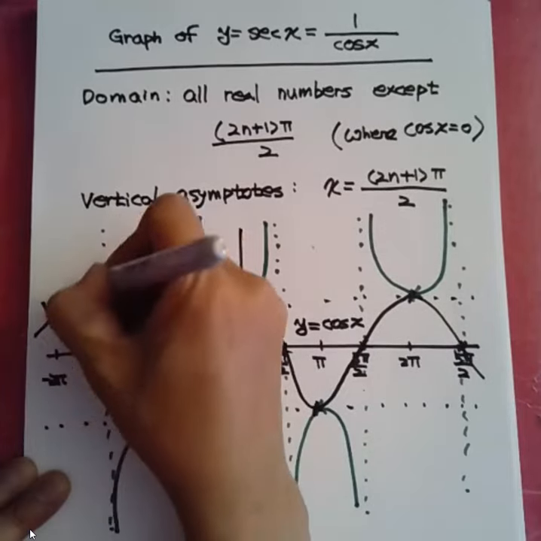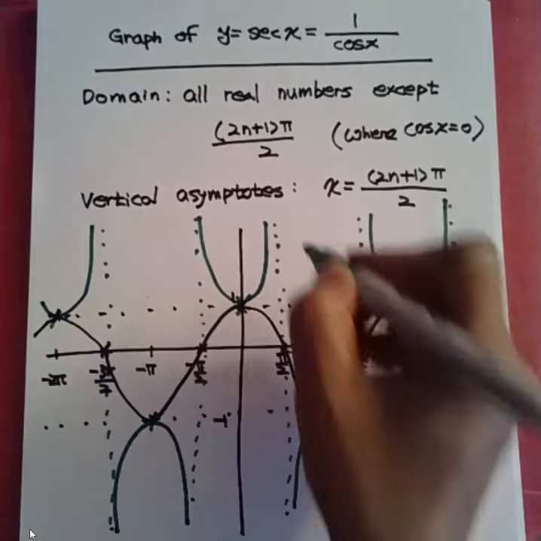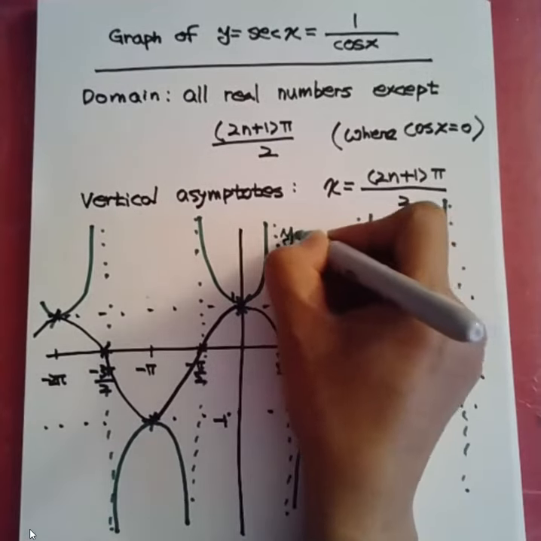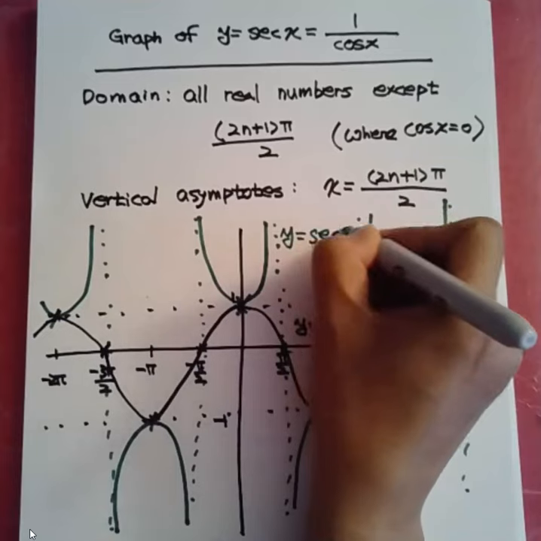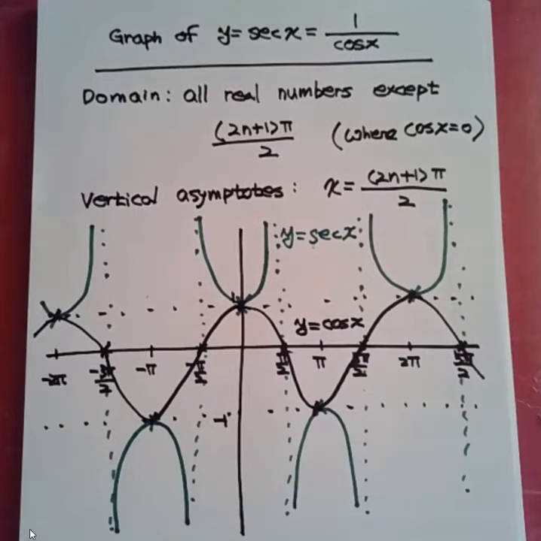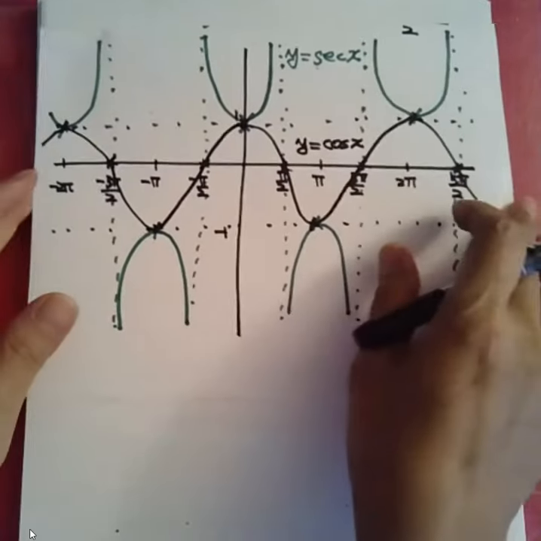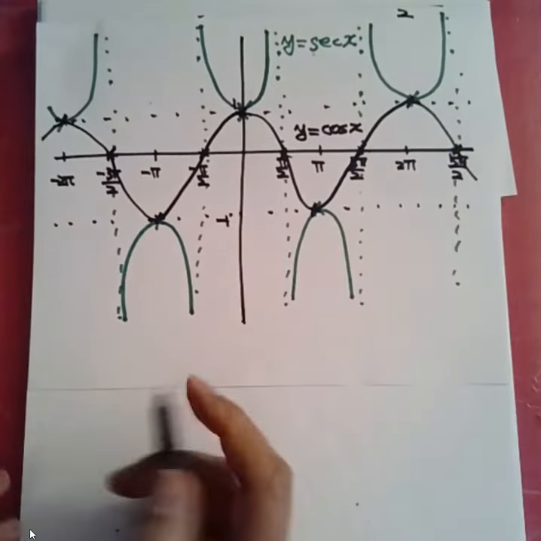This green part graph will become y equals secant of x. Let's look at the graph and clarify further about the range of the secant function.